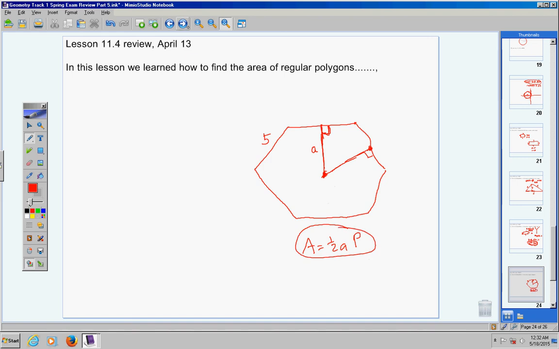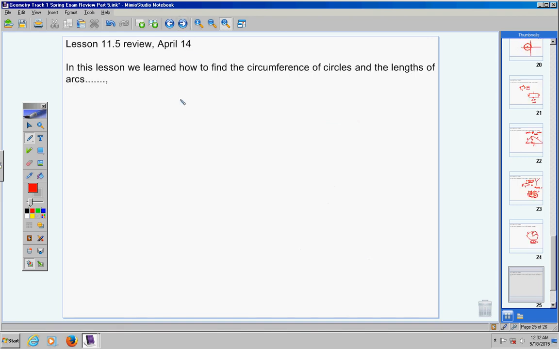Alright, moving on to 11.5. In this lesson, we learned how to find the circumference of a circle and the lengths of arcs. Now, the formula for circumference of a circle is simply pi d. Pretty simple. Pi times d. Okay?